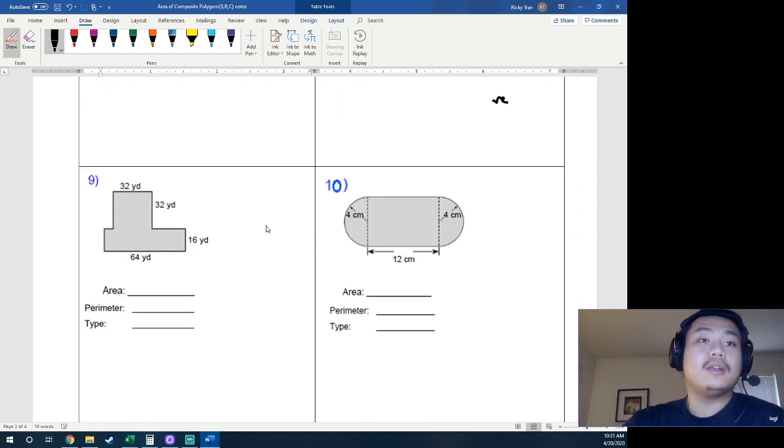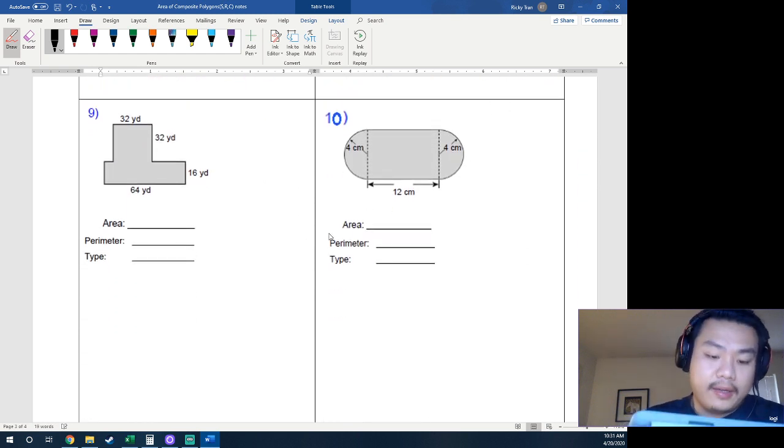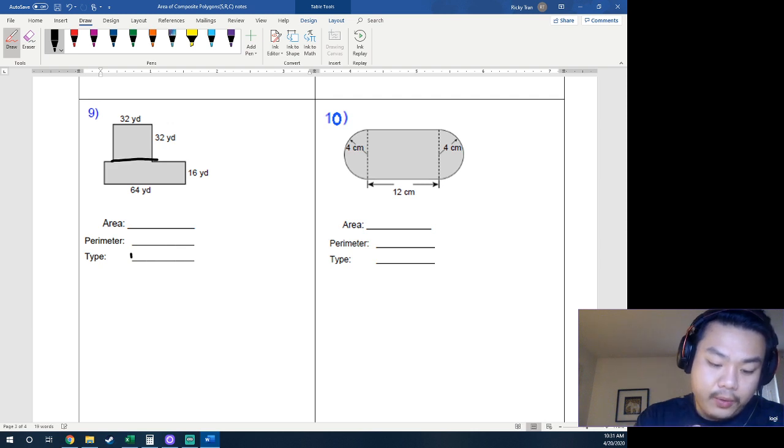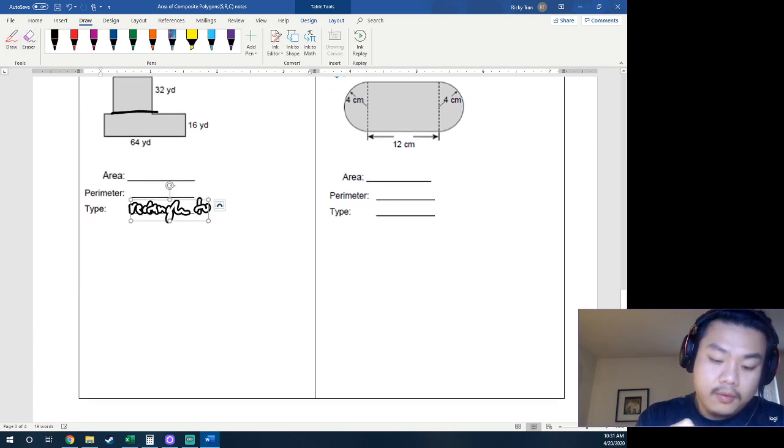Okay, and then number 9, we have again another rectangle plus square.